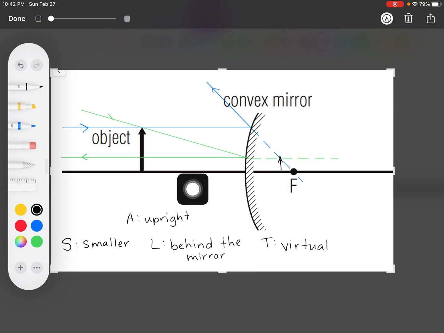Where the reflected rays intersect is where your image is. If reflected rays are diverging and don't intersect, then we extend them backwards, and where the extension of the reflected rays intersect is where the image will be. And then size, attitude, location, and type are what we use to describe the images produced.